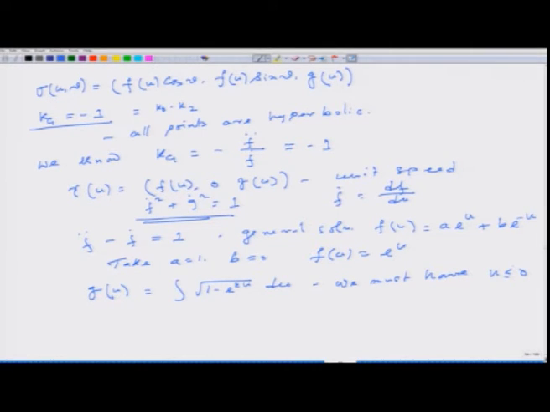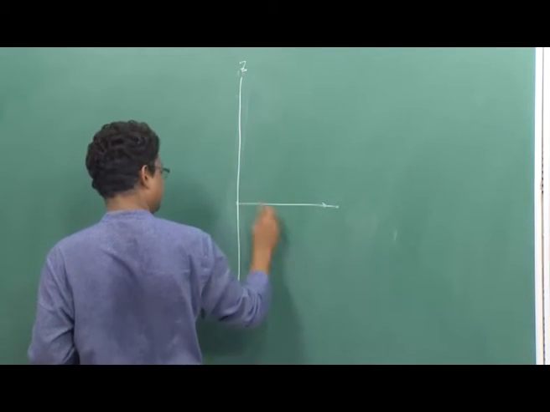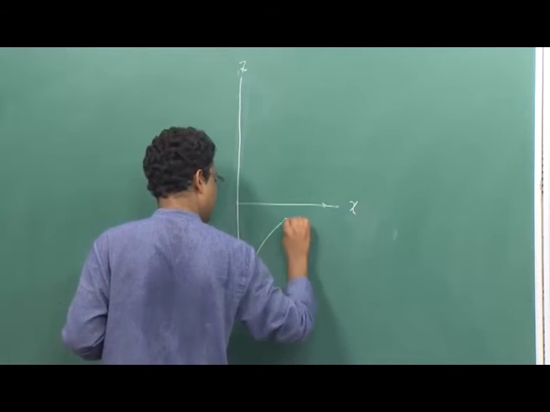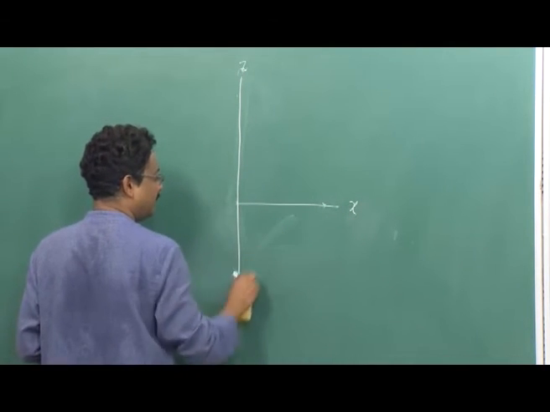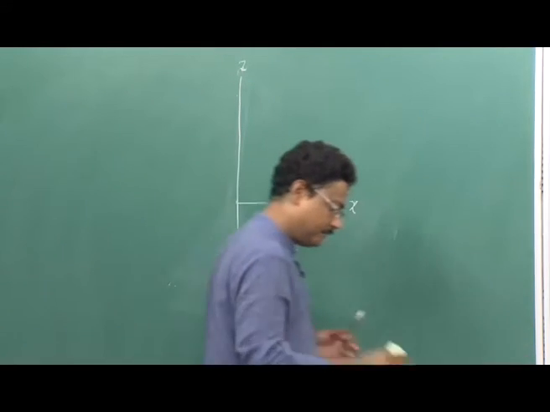So, I draw the picture a little bit. This is z, this is x. My curve must lie in this region, because x has to be, u has to be negative.